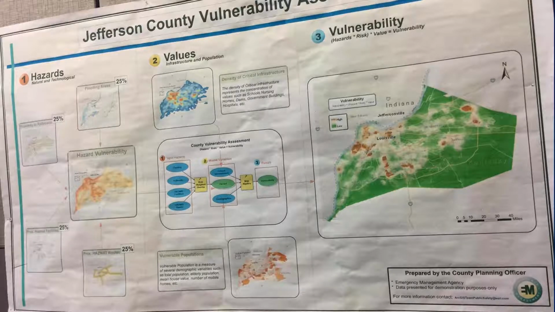Oftentimes people still will try and put together a PDF and share information that way. And so what you'll see today is some live applications that are dynamic, that can be embedded in your agency's website, that can handle large loads as the public comes into your site to get critical information about a specific incident, what they can do to remain safe, what resources may be available to help them.